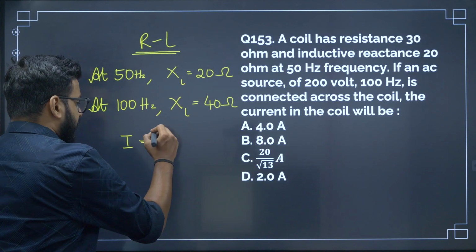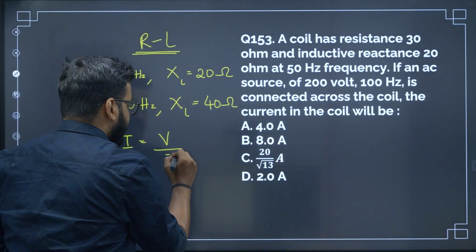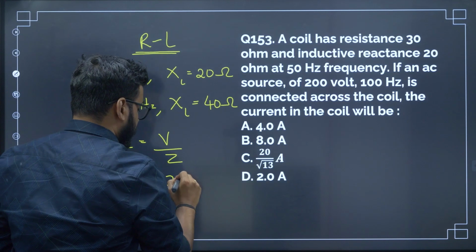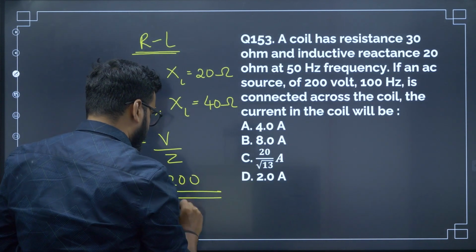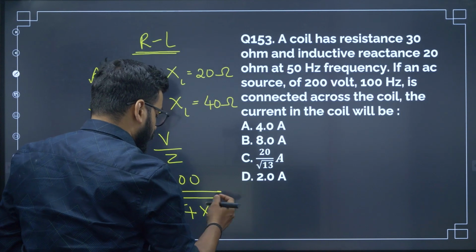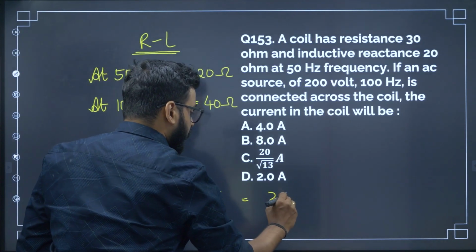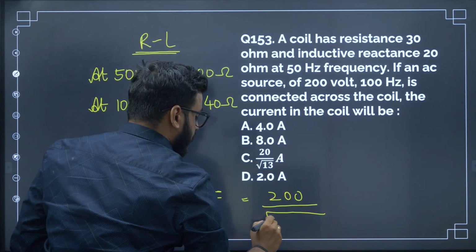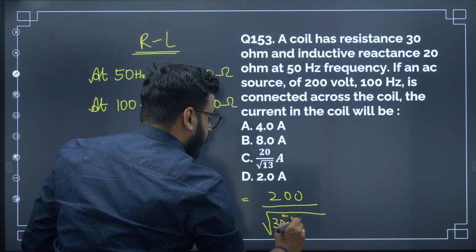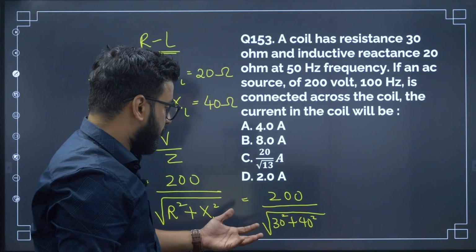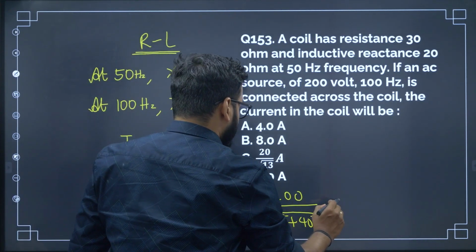So we want the RMS current, which is nothing but the RMS voltage divided by the impedance. So voltage is given here, that is 200, divided by impedance, and the formula is the root of R square plus XL square. So you can substitute all the values: 200 divided by root over resistance 30 square plus 40 square. 30 square plus 40 square, all of you know, comes to 50 square.